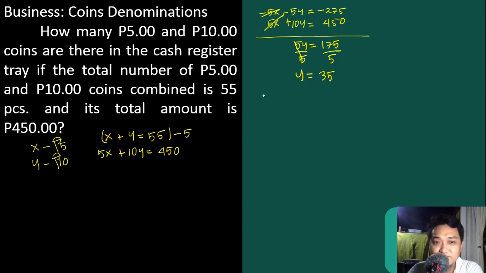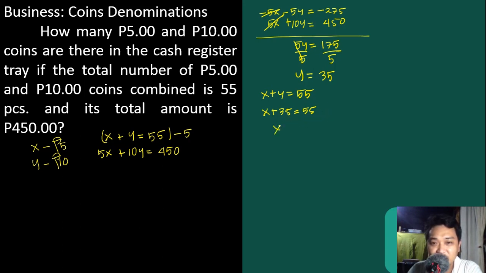To know the value of x, or to know the number of 5 peso coins, we can make use of x plus y is equivalent to 55. So here we have x plus, let us make use of the value of y here, which is 35, is equivalent to 55. And then let us transpose this to the other side, it becomes negative.